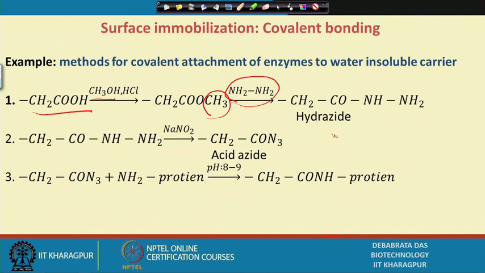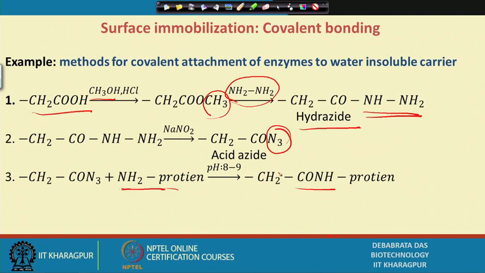When it reacts with hydrazine, hydrazide formation takes place. This is called hydrazide. Now, when this undergoes the diazo reaction, it gives the azo group, what I call acid azide. This acid azide, when it reacts with the amino group of protein, forms CONH into protein. So, this is how they can covalently bind with the solid matrix.